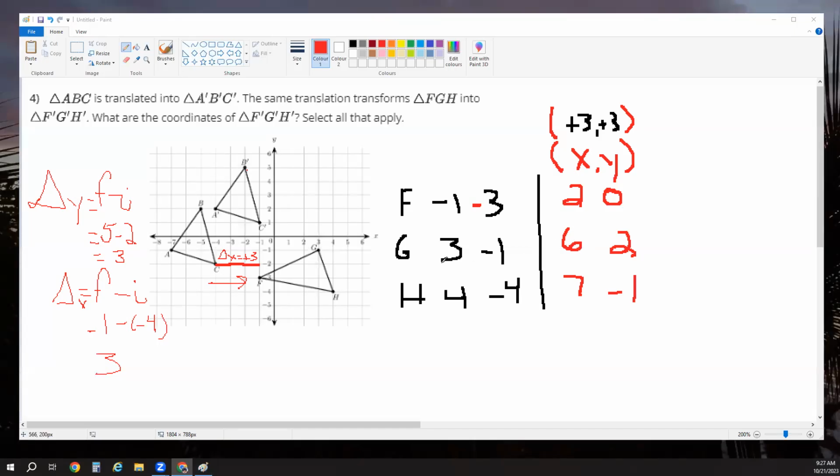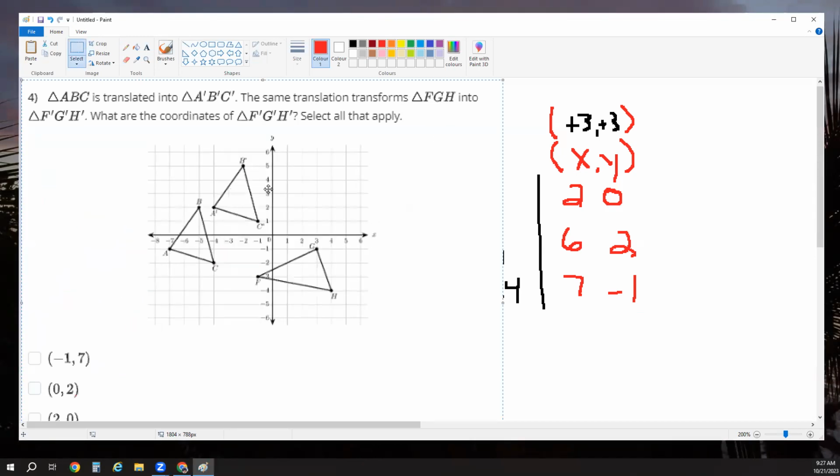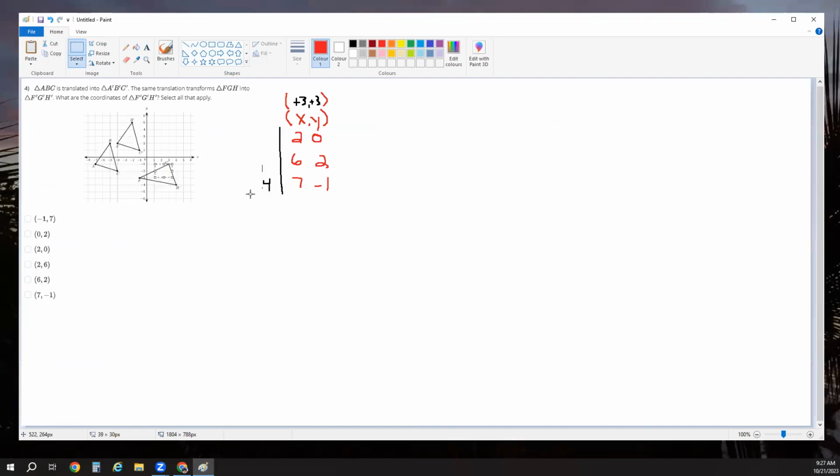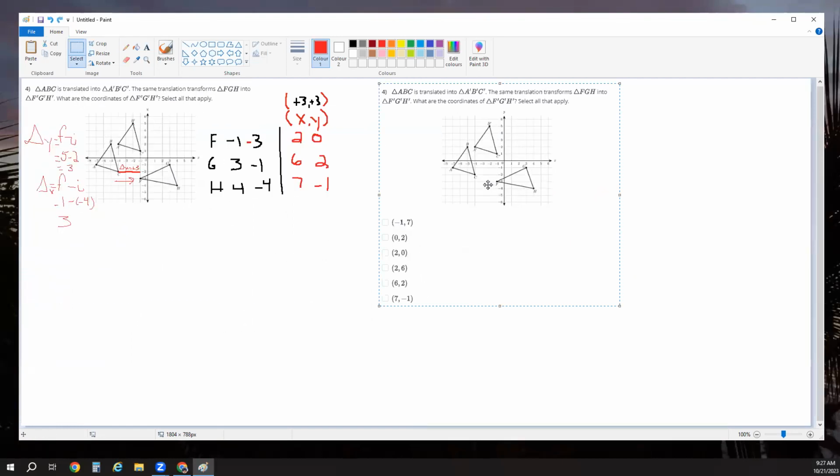So here are the two things, and you can see here that we got 2, 0, 2, and we got 6 and 2. We got 7 and -1. So there are our 3 answers there for that one.